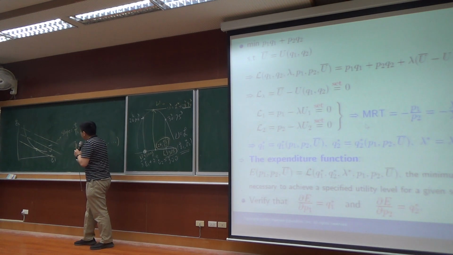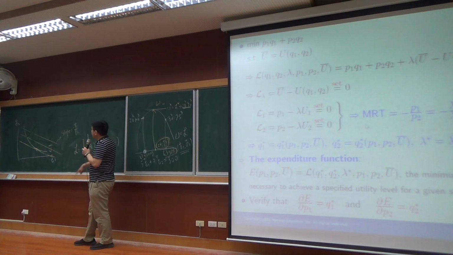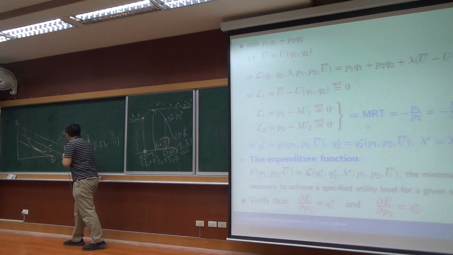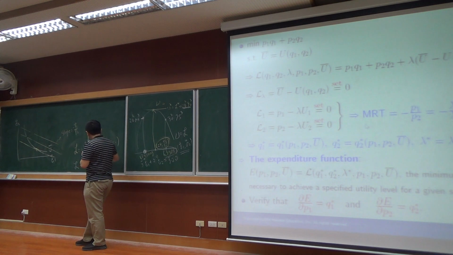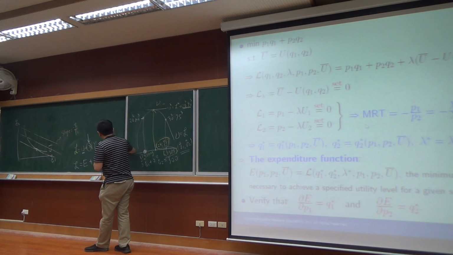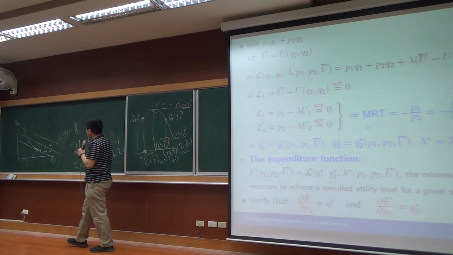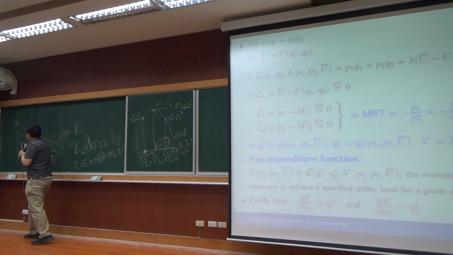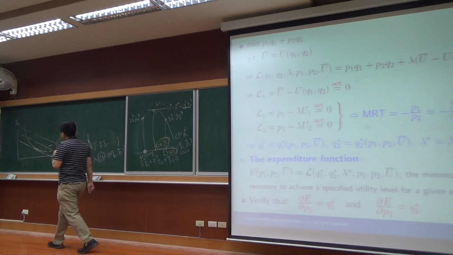So we want to maximize our utility. So this is the marginal utility by an additional y. And now, the Lagrange here is the expenditure plus lambda times U bar minus U of Q1, Q2. U bar is a requirement. It is a requirement of the utility level.